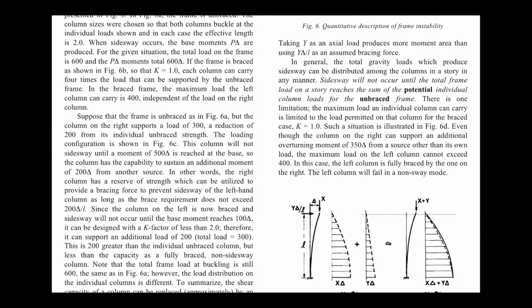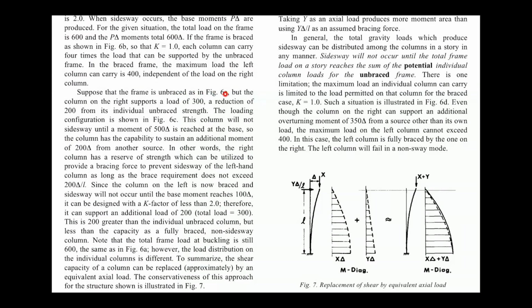Well, suppose that the frame is unbraced in Figure 6a, but the column on the right supports a load of 300, a reduction of 300. This is the margin I mentioned, right? So we have the room, the unused capacity of 200 from its individual unbraced strength. In the loading configuration in 6a, this column will not sidesway until the moment of 500 is reached at the base.